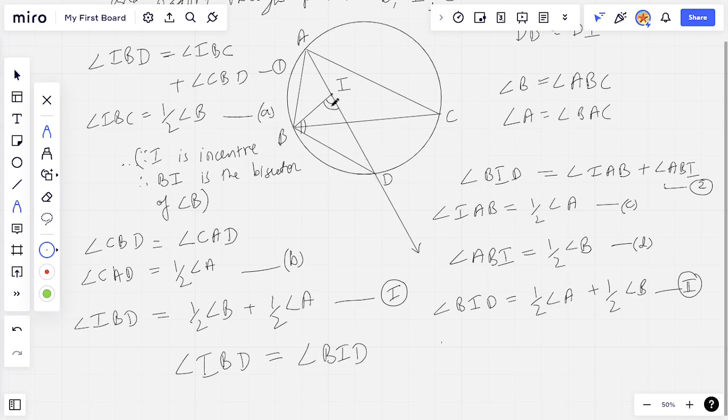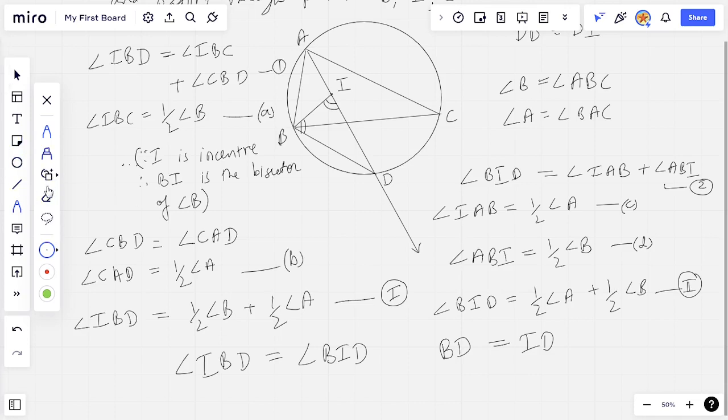In a triangle, if two angles are equal like this, then it becomes an isosceles triangle, and as a consequence we have BD equal to ID, or DB is equal to DI, what we wanted to show.